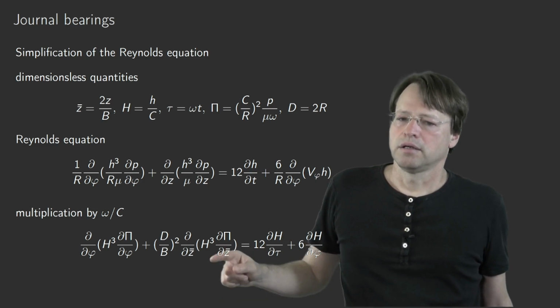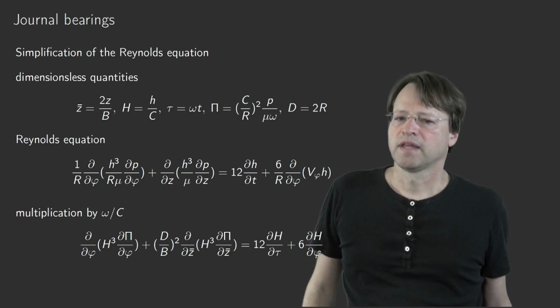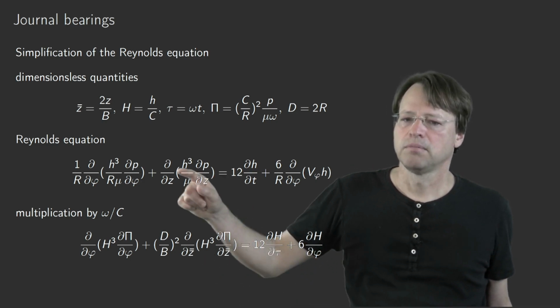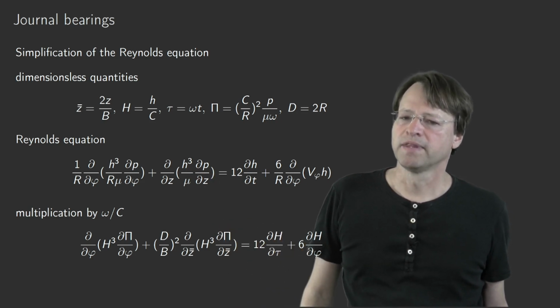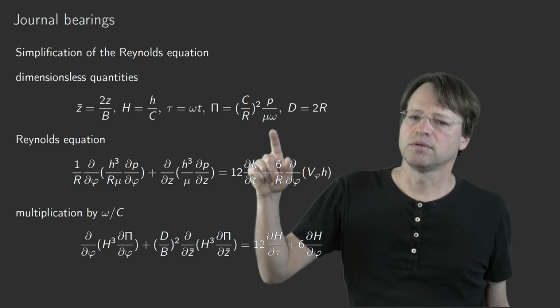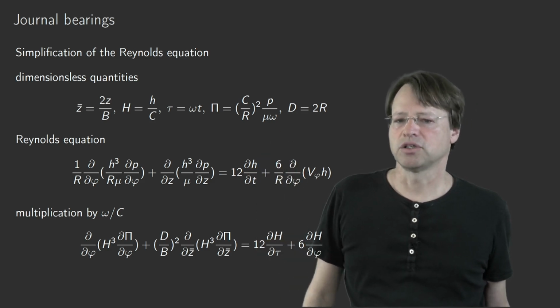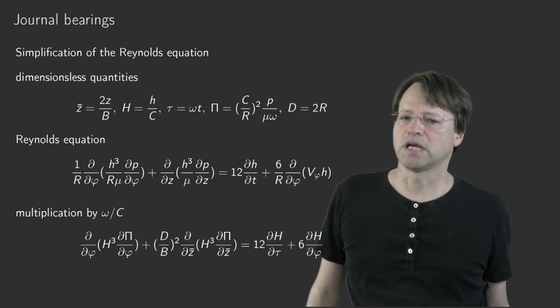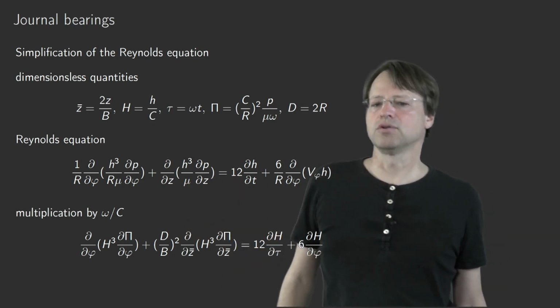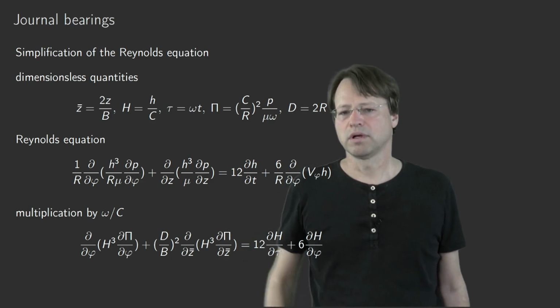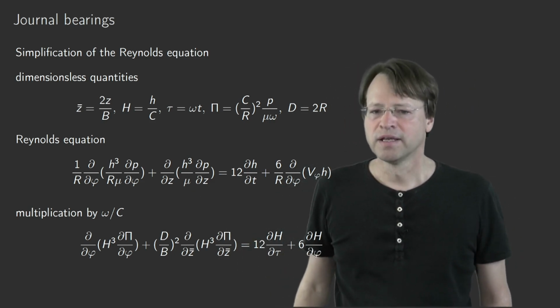In the denominator we will find mu, and omega because we divided by omega. Then, in order to introduce the dimensionless pressure, we will need in the denominator an r squared, leading to an r squared also in the numerator, because we haven't got an r squared ready there.